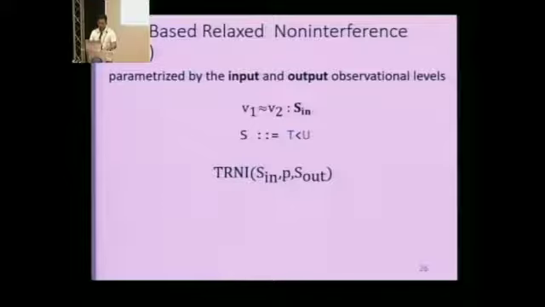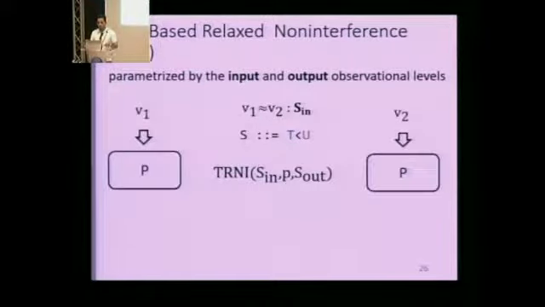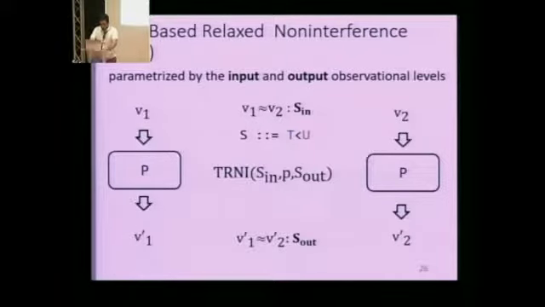And the property is similar to a standard non-interference in the sense that a program is going to be type-based realized non-interference if, executing the program with relative values at the input type, we obtain relative values at the output type. In fact, this specification of type-based realized non-interference is also modular.